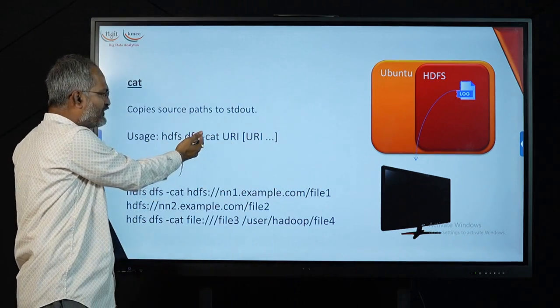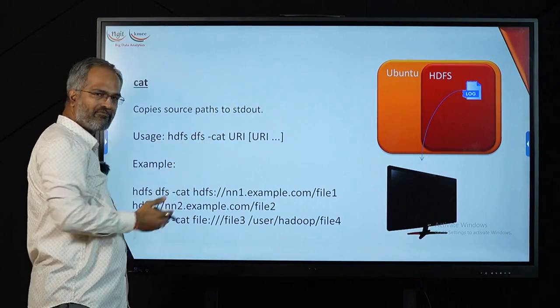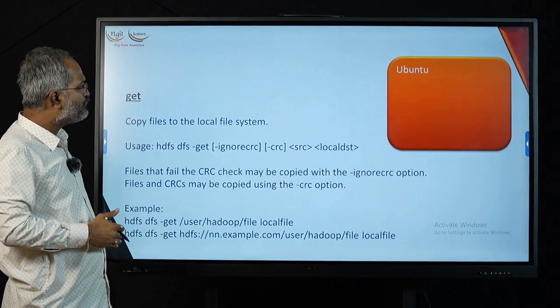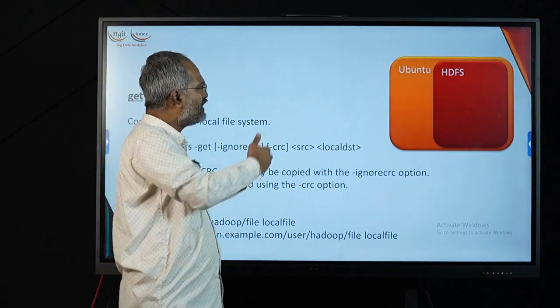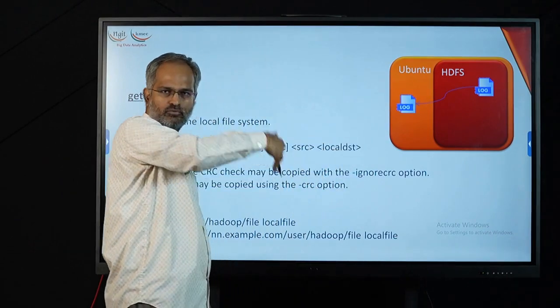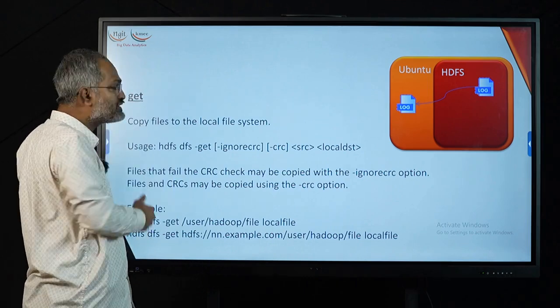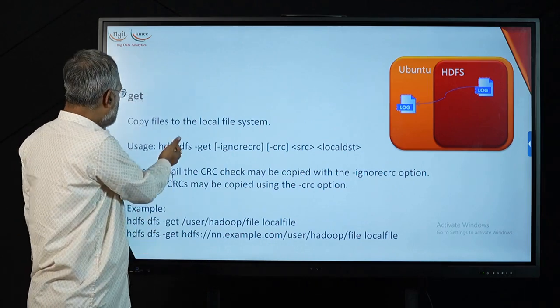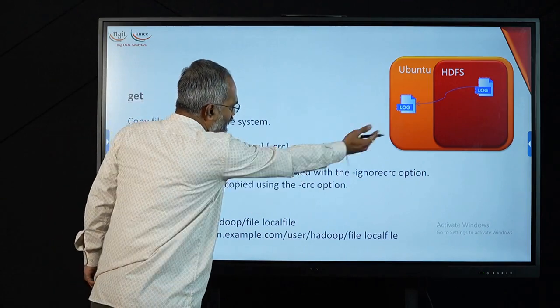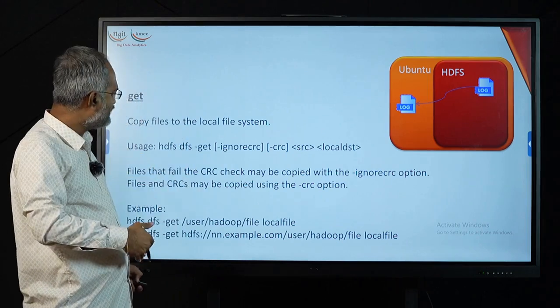So HDFS DFS -cat, and you can give the file name that will be displayed. And then get. Get means, already I have the file on the HDFS. I want to download that file onto my Ubuntu local file system. Then we can use the get command. So HDFS DFS -get, you can give the source and local file path.